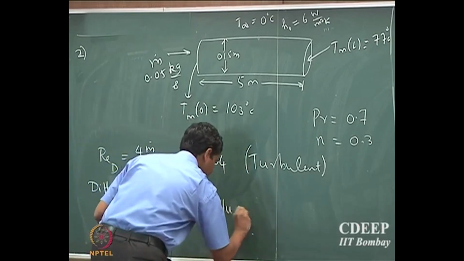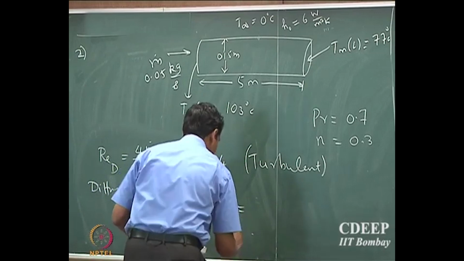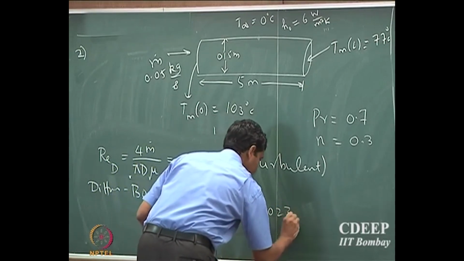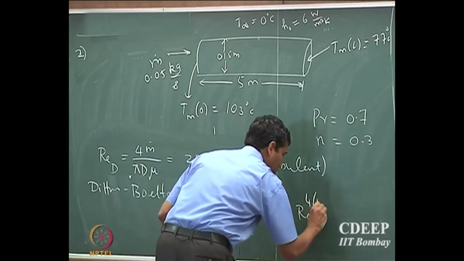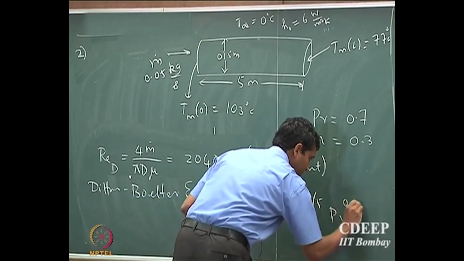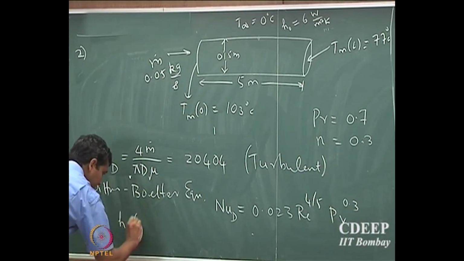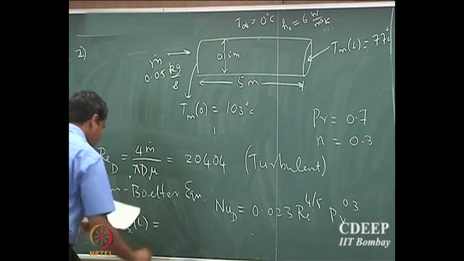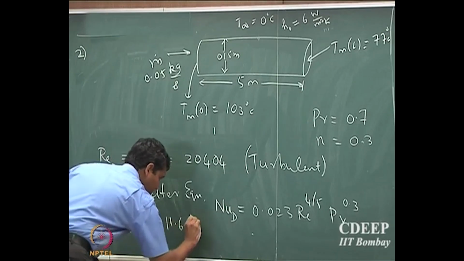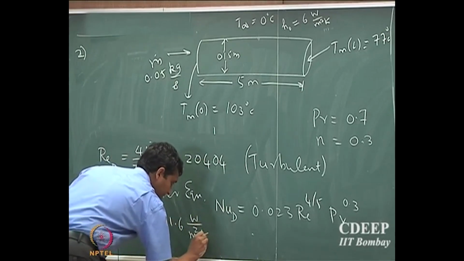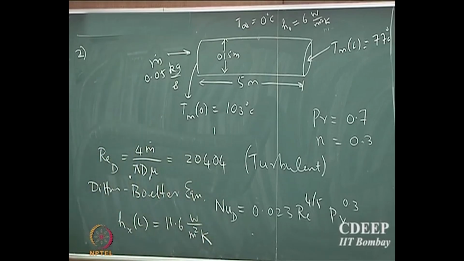Nu based on D is 0.023 Reynolds number to the power of 4 by 5, Prandtl number to the power of 0.3. From here we find that h will be 11.6 watt per meter square Kelvin. That is the heat transport coefficient at L.